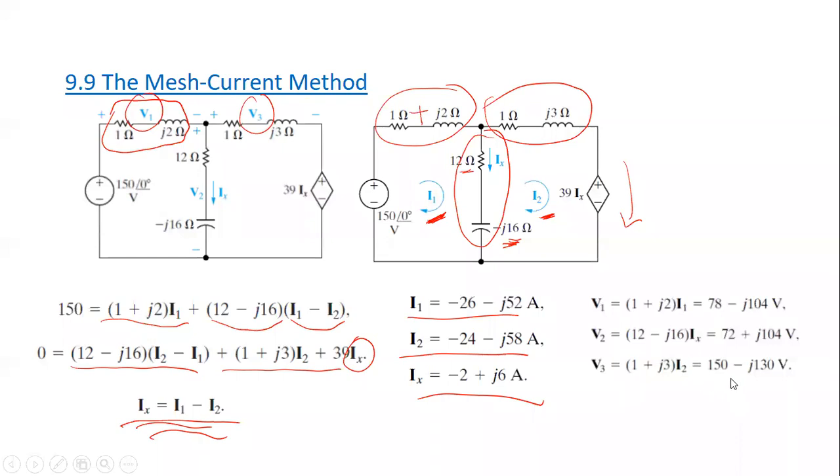So what will be the voltage, let's say V4, which is given in this polarity? So how can we find V4?